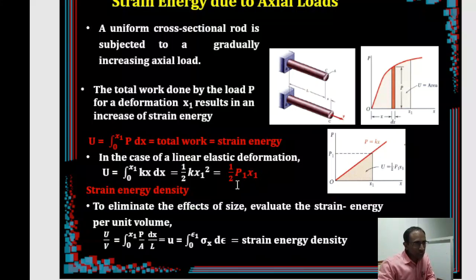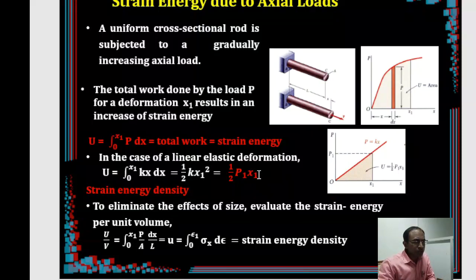If in terms of stresses, it is half sigma square by E, right. Or even in terms of strain, later on we have seen strain energy density you are expressing in multiple forms. So in any of the forms you can express that.